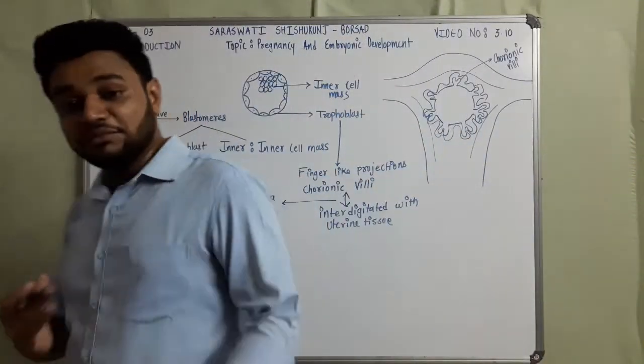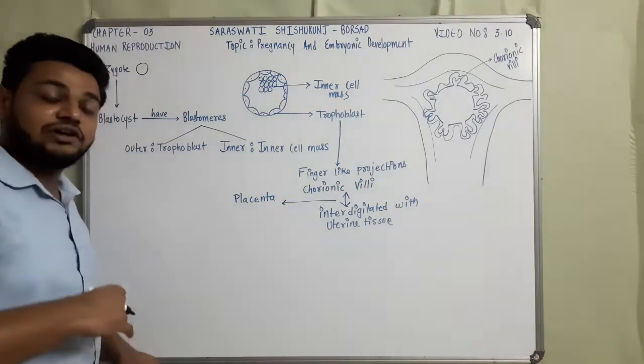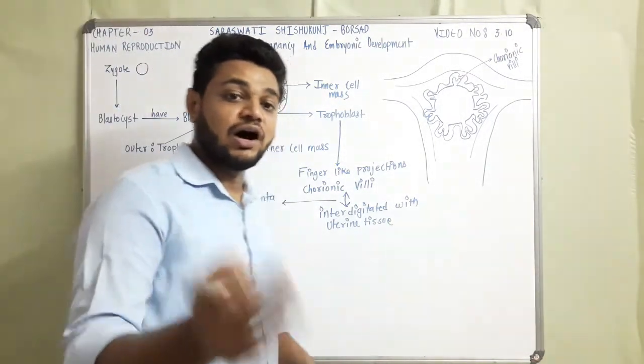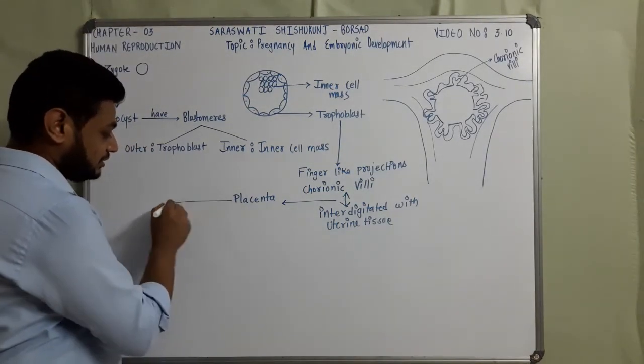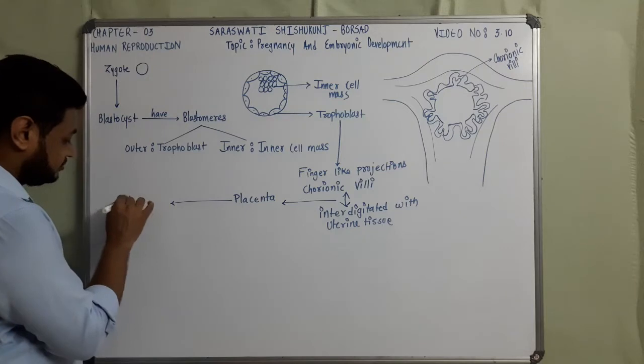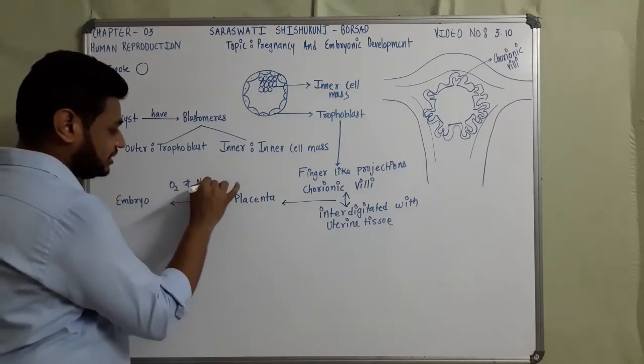This placenta formation is very beneficial to the inner developing embryo. How? Placenta generally passes two things to the embryo, that is oxygen and nutrients.